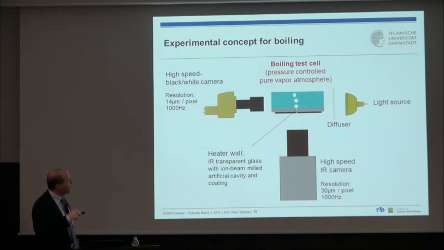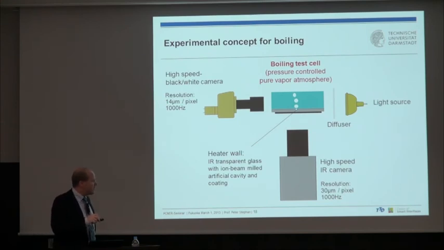And then we observe the nucleate boiling process with two cameras. We have a high-speed black and white camera from the side with backlight illumination and a rather high resolution. And we have a second camera, a high-speed infrared camera, also with a rather high resolution. As I will show you in a minute, this camera is able to look through the heater, because it's a transparent heater, to measure the temperature here at the solid-fluid interface.